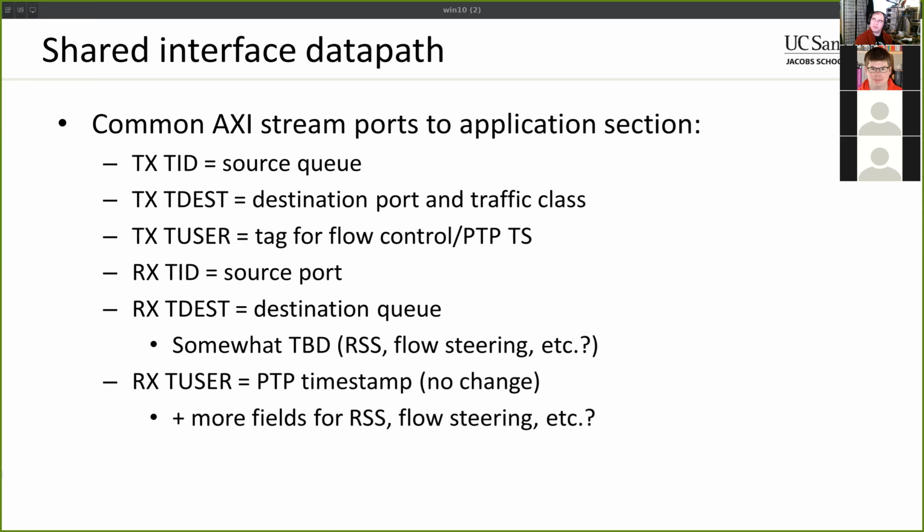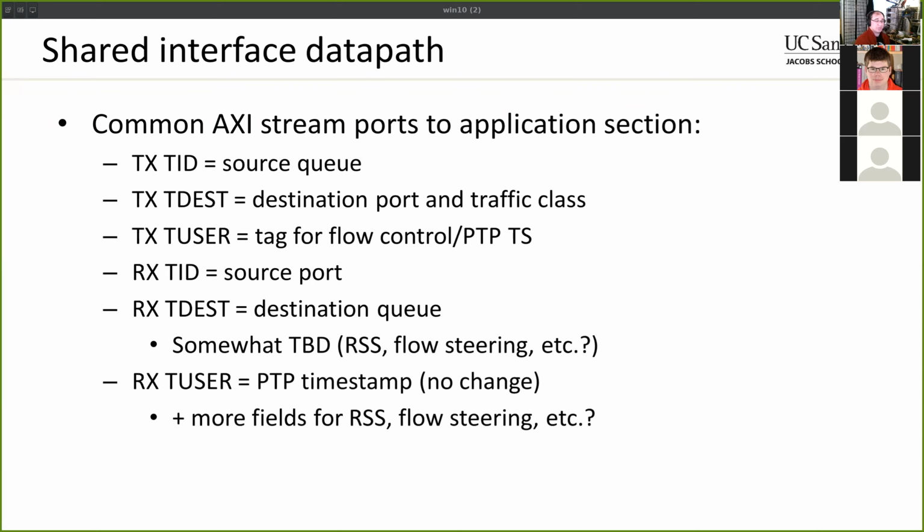I know right now in the current setup, RX TUser carries the PTP timestamp, and the TX TUser has some bits for a PTP timestamp tag, but in the current design they are not used. But those do need to be used for the shared interface data path.